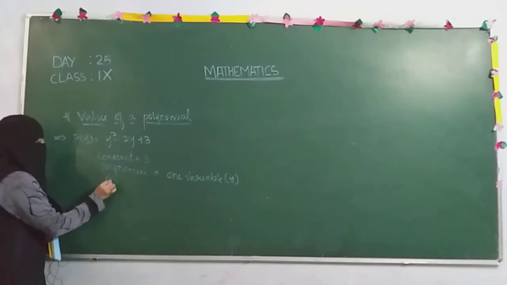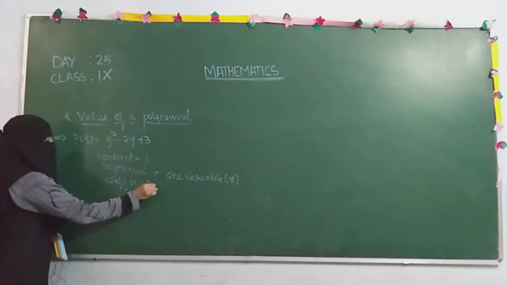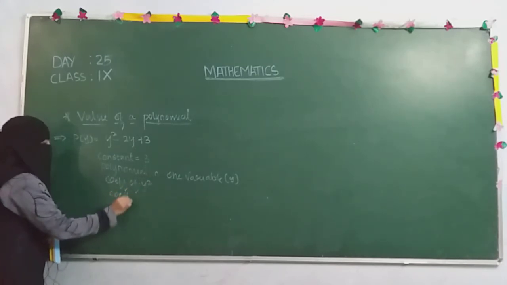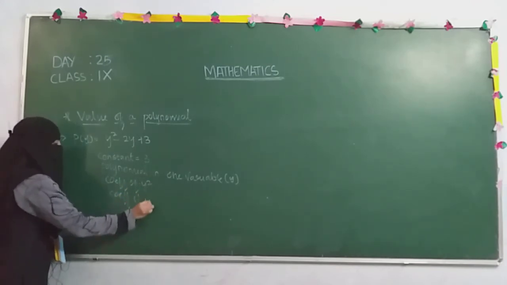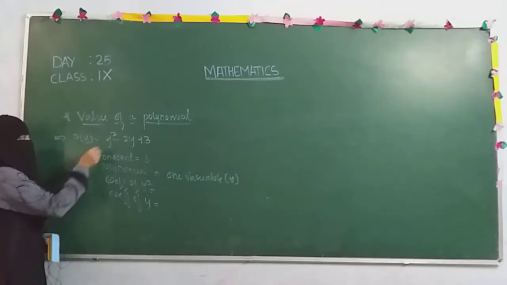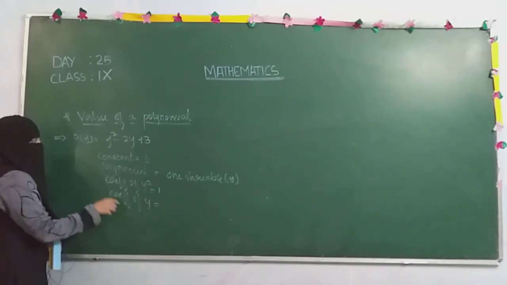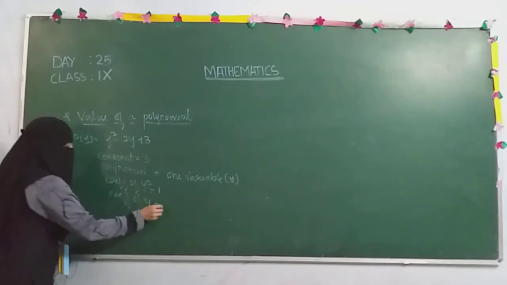Afterwards we will write the coefficient of y square, coefficient of y. What is the coefficient of y square? Along with this variable there is no number, it means always the number is 1. So coefficient of y square is 1. Now what is the coefficient of y? Yes, it is minus 2.